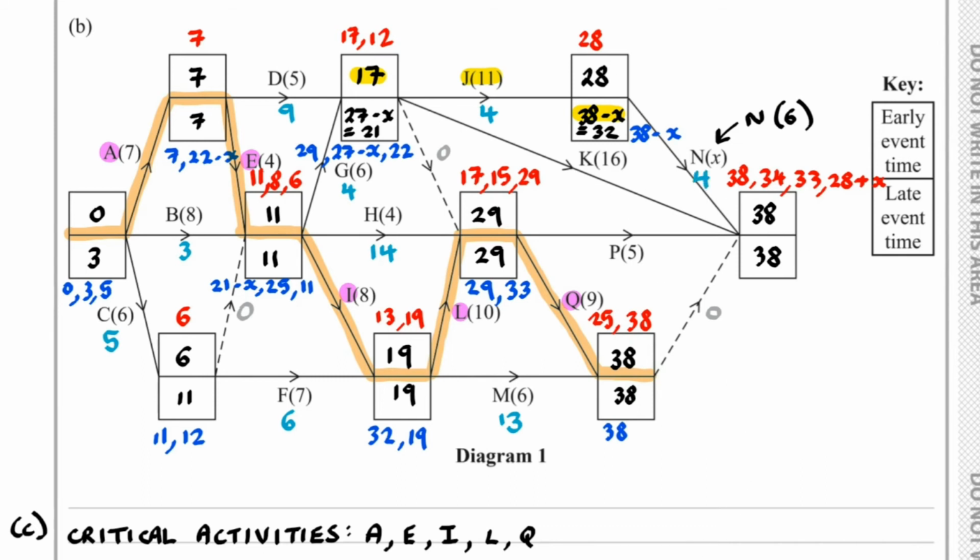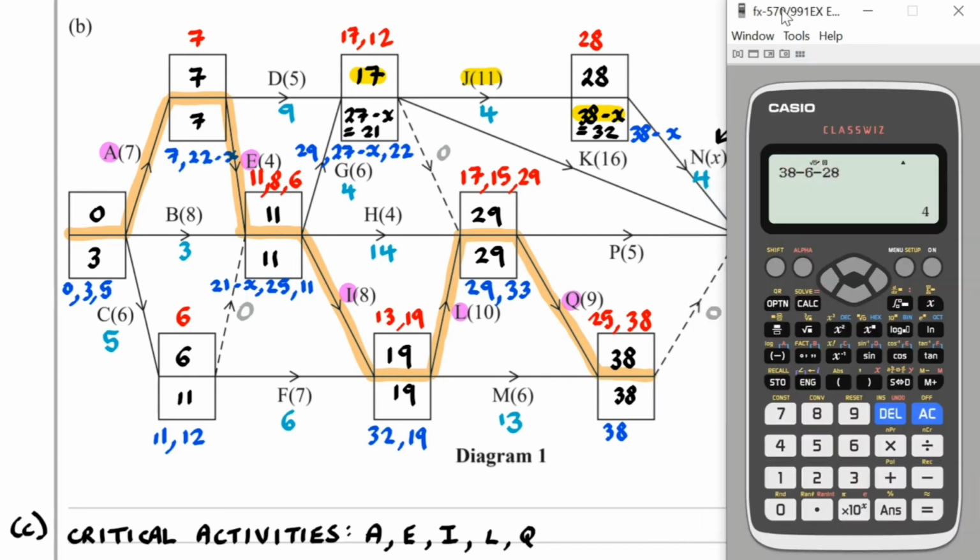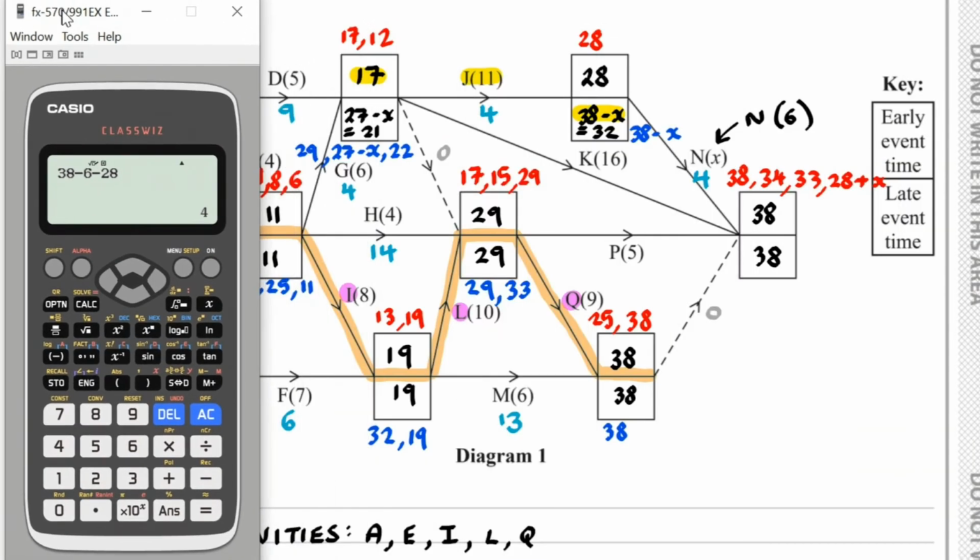For K, we have 38 take away 16 take away 17, this is 5.